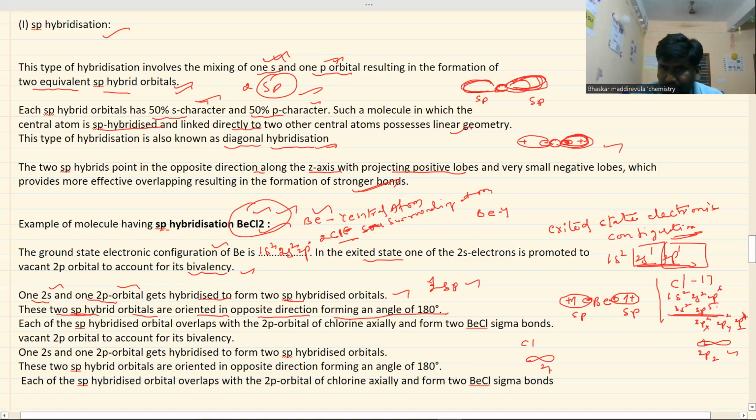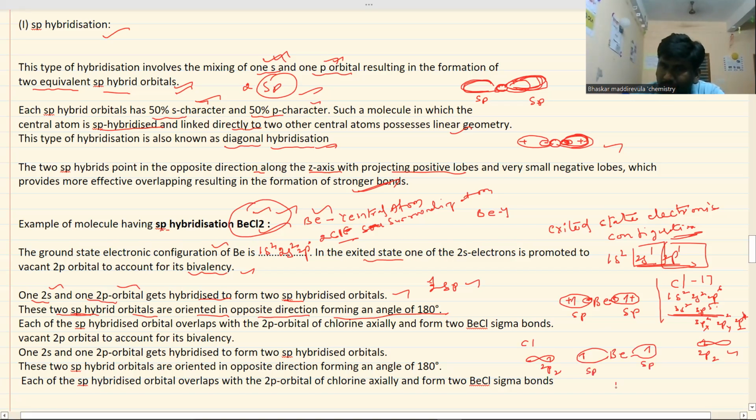These orbitals overlap with the sp hybrid orbitals of the beryllium. So they overlap like this, here, with these sp hybrid orbitals.